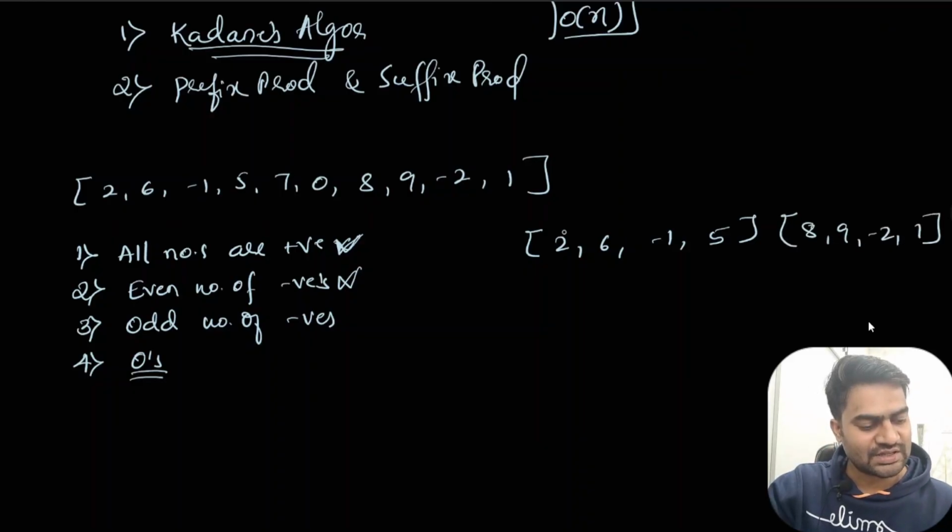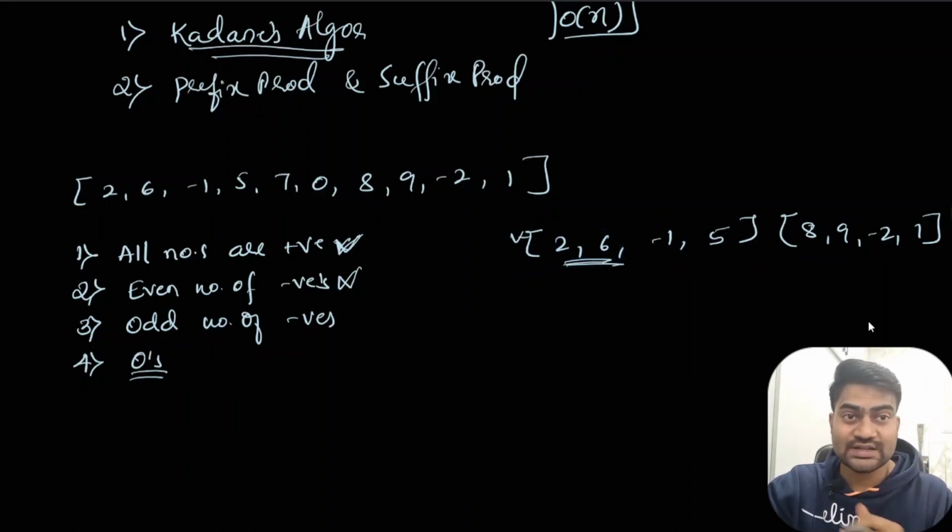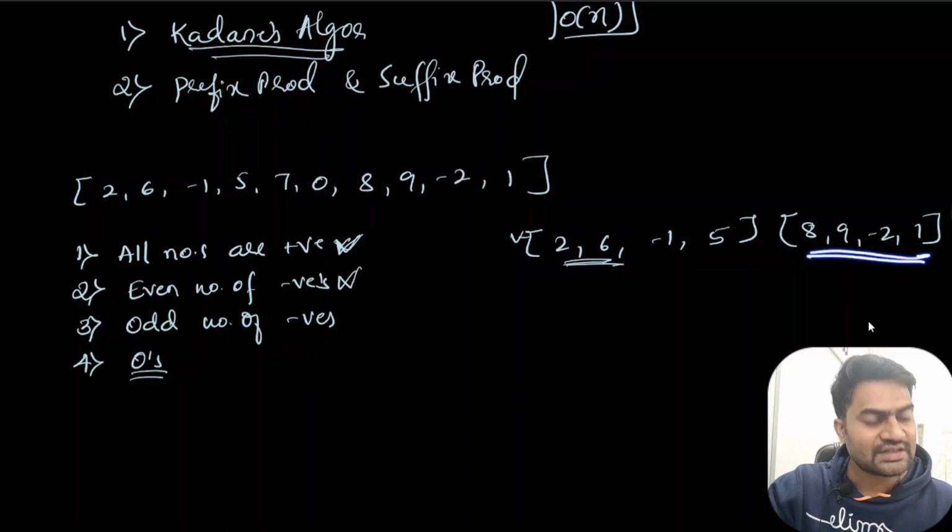So let us consider only this part now. Now if you see, our maximum product will be 2 into 6, correct, right? And our negative number lies somewhere here and our maximum product lies towards its left, correct, right? Now again there is an odd number of negative numbers here, correct, right?